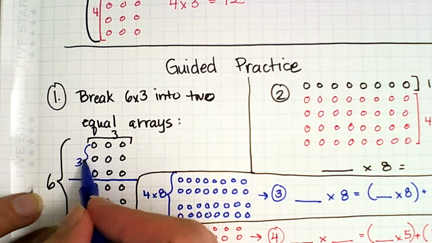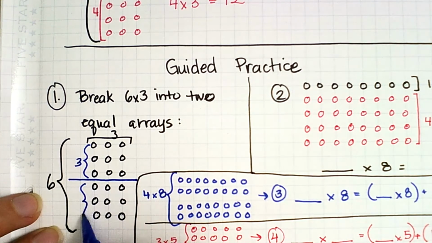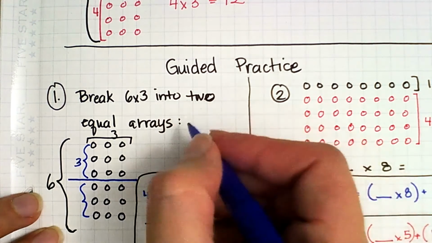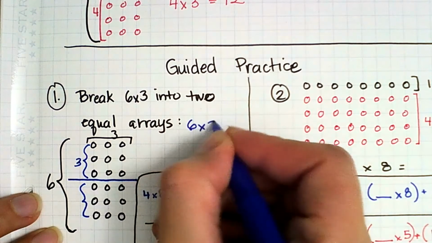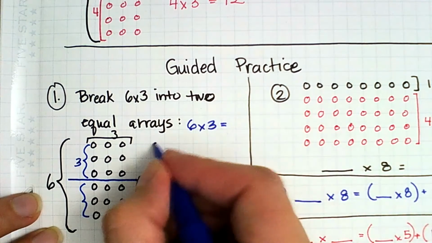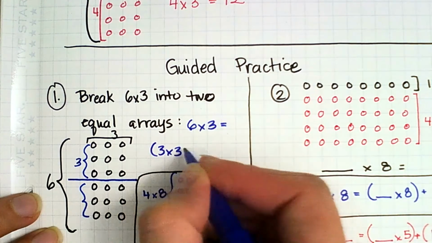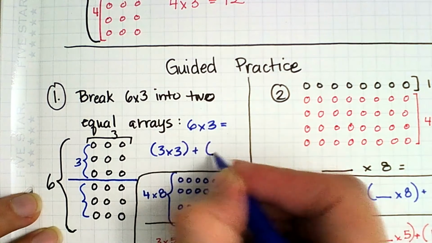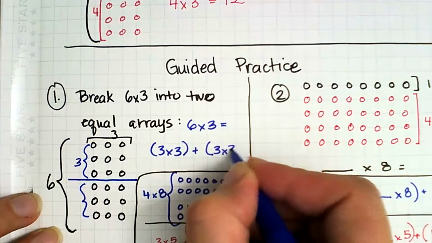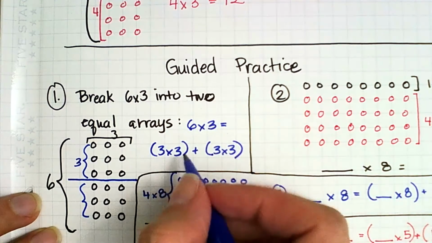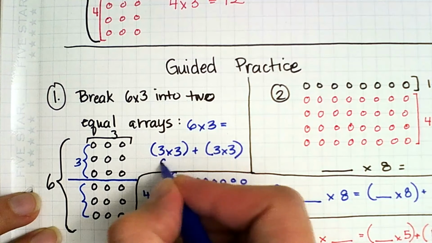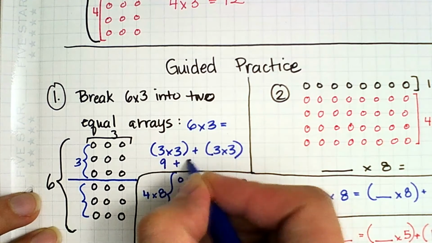So this will be a group of 3 right here, and this will be another group of 3 right here. So 6 times 3 was equal to 3 times 3 plus the other 3 times 3. I know 3 times 3 is 9, plus another 9, right?